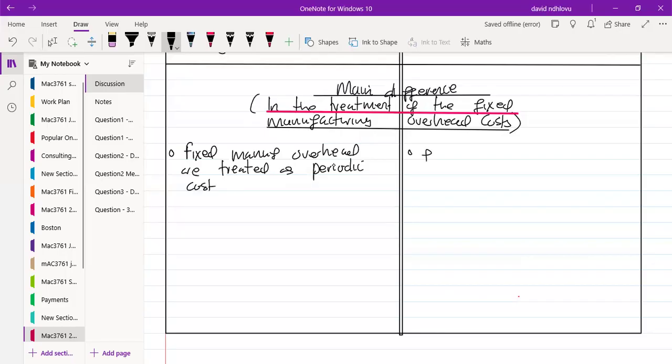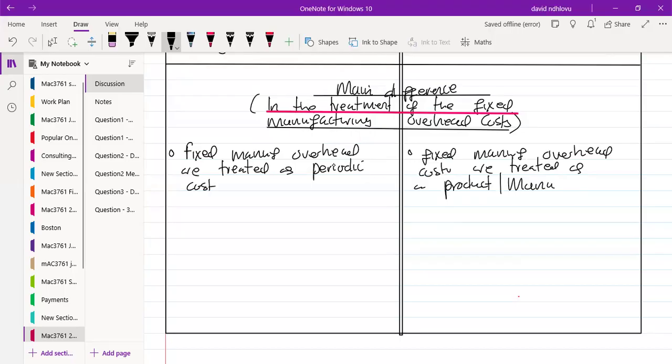Here we are saying the fixed manufacturing overhead costs are treated as product costs, or manufacturing costs.